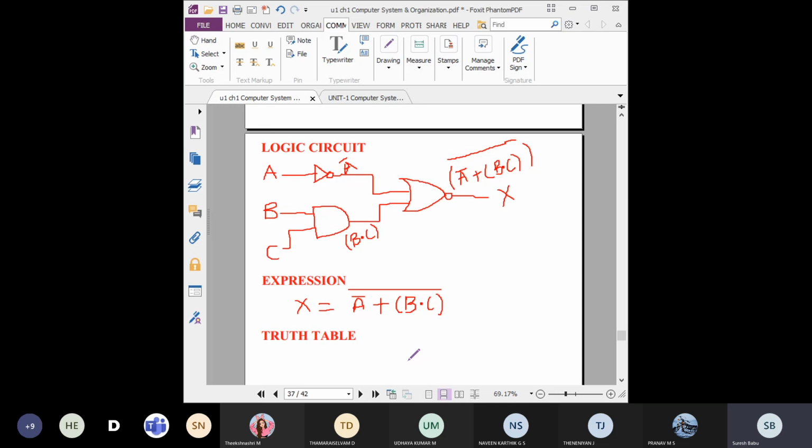Students understood everyone? How to find the expression from the logic circuit? Intermediate outputs and intermediate expressions are very important, because after combining everything you get the final expression. You go level by level: the first level is the gates nearby the input, then the next level gate, and so on.